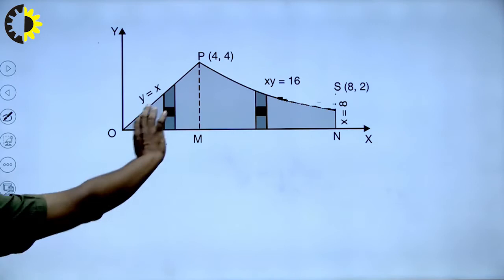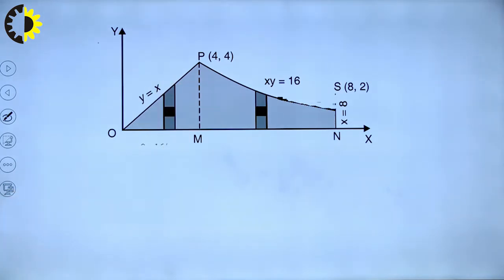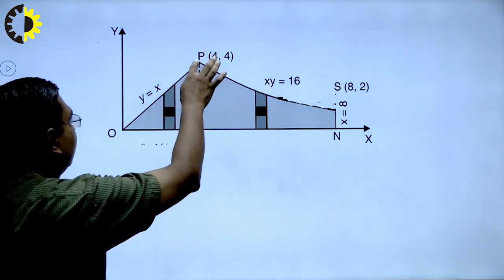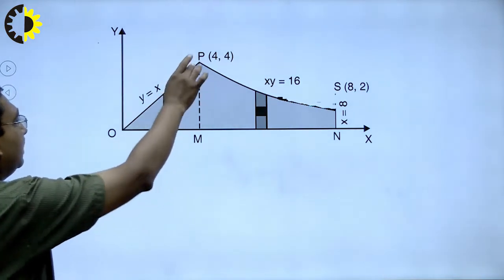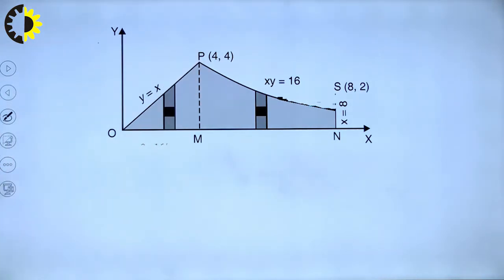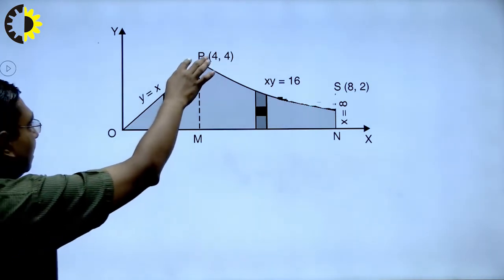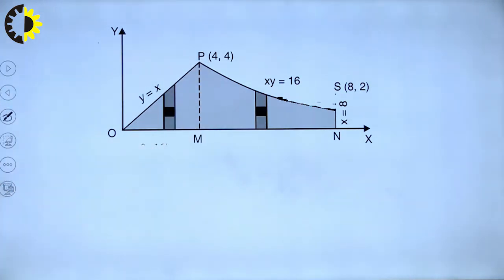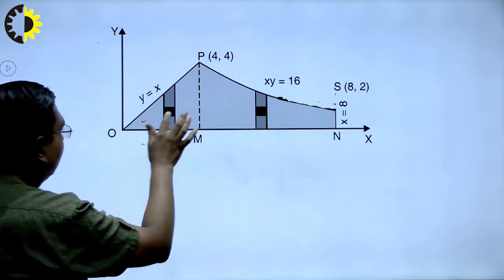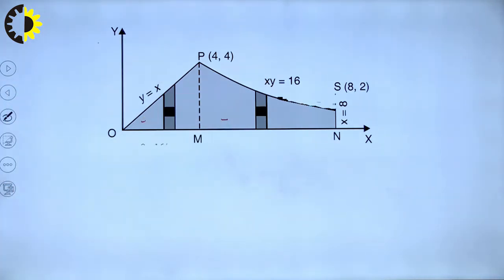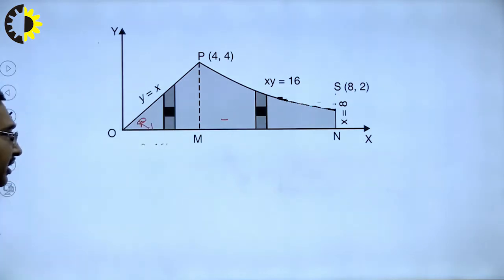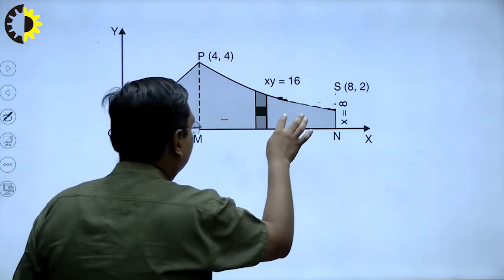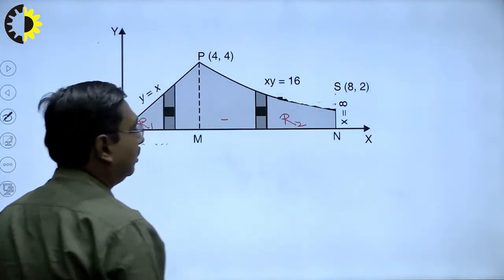Thus, to find the limits of the double integral, I observe that the equation of this boundary is changing at this point P. So I draw a vertical line PM and break the region into two parts. Suppose this part is R1 and the second part is R2.